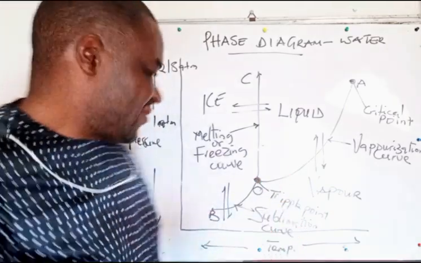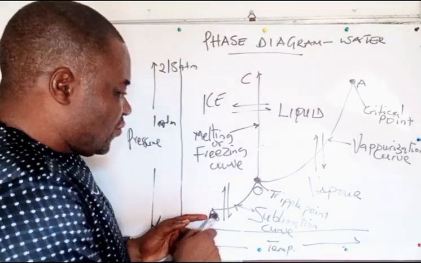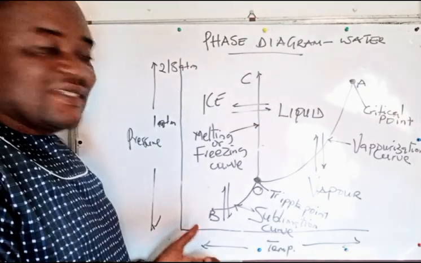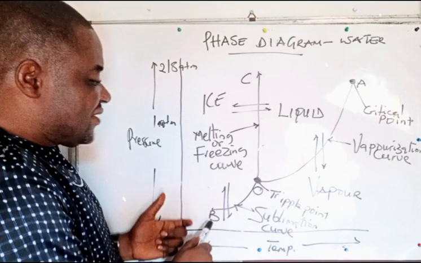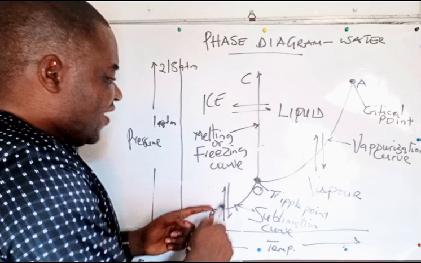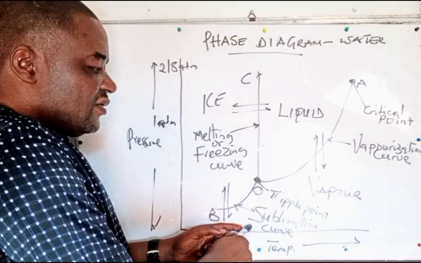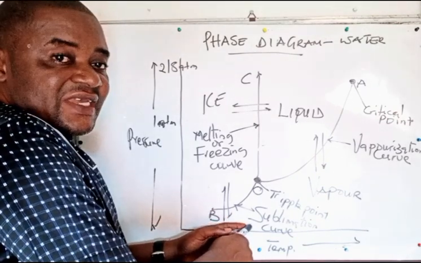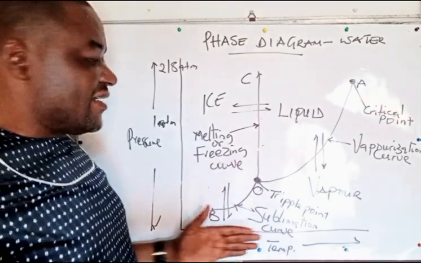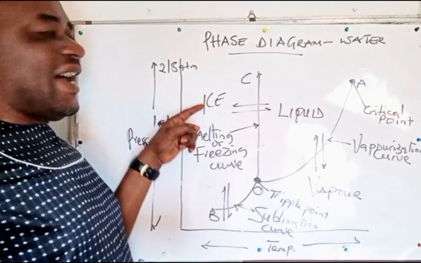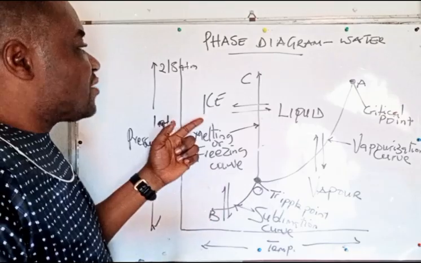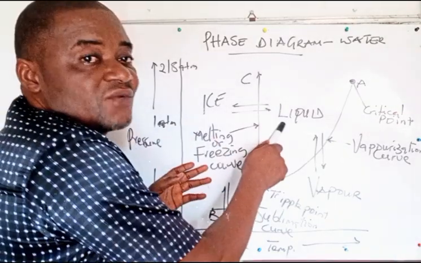The same thing will happen here, where you have O to B. So the sublimation is simple. It means that at any point in time where you have a shift in equilibrium to favor the vapor phase, that means you have eventually increased your temperature so much that the ice will escape going through the liquid phase.